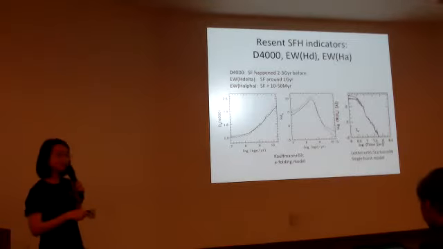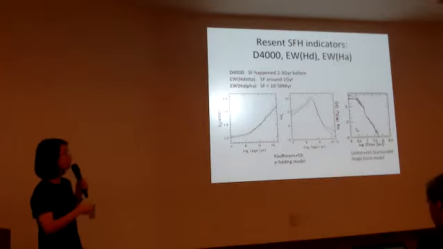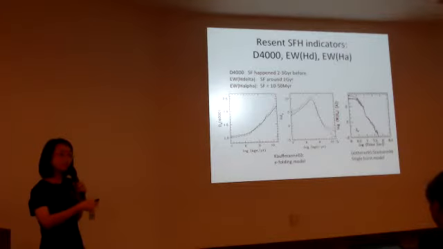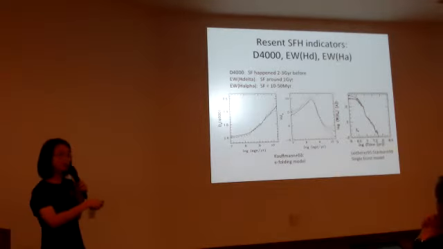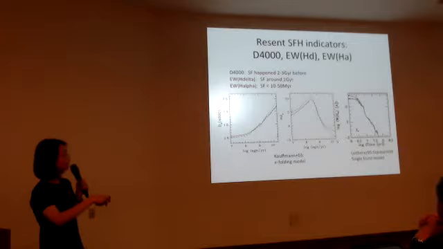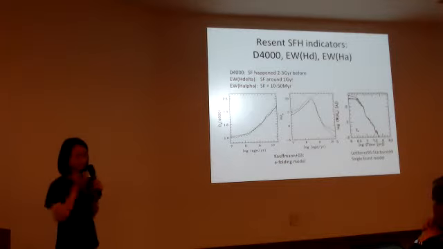These 3 indicators can trace the recent star formation because they are sensitive to different time scales of star formation history. Here is the D4000 index, which is sensitive to older star formation, while H delta equivalent width, which peaks at post-starburst, and H alpha emission trace the current star formation.